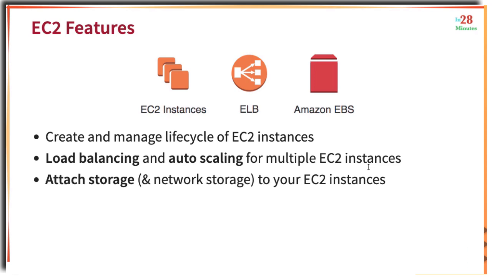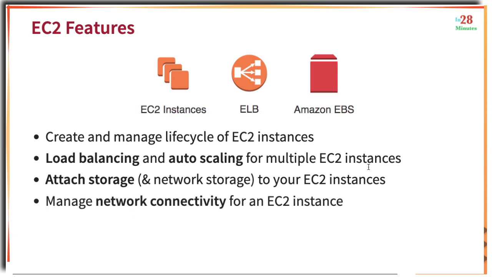You can also attach storage to your EC2 instances. Your EC2 instances need something like a hard disk so that you can actually install the operating system down there and boot up from there. So the EC2 service helps you to attach storage to your EC2 instances. The other thing it allows you to do is to have network connectivity for your EC2 instance.